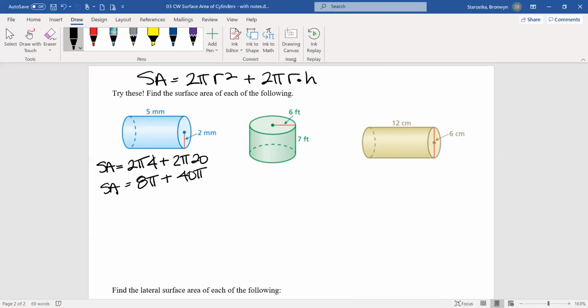So we've got 8 times 4, surface area, 320 pi. Let's put that in the calculator. 320 times pi, 1005.31.